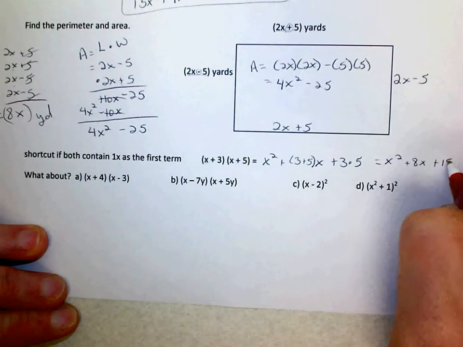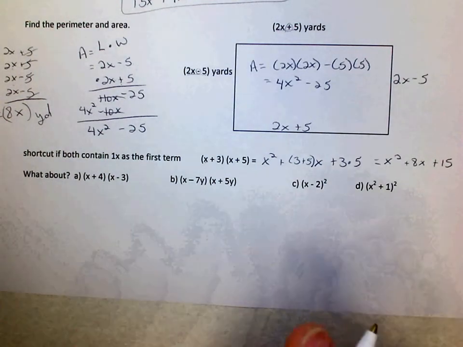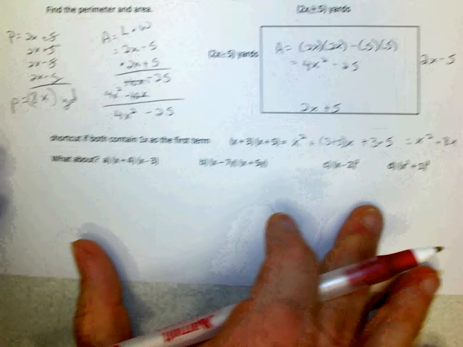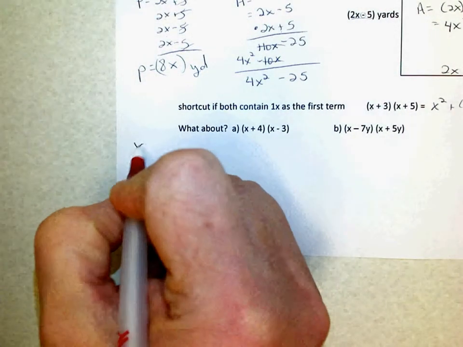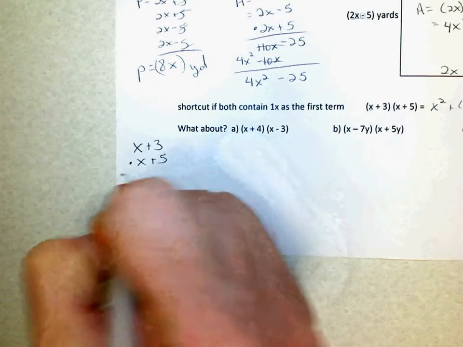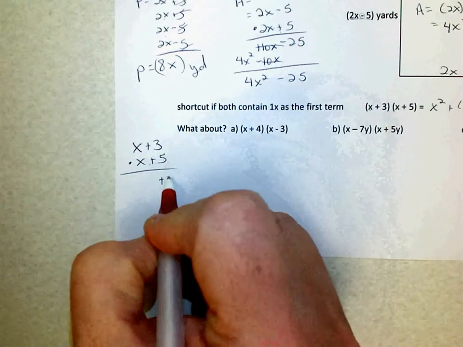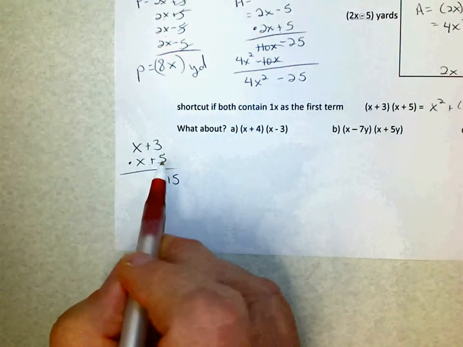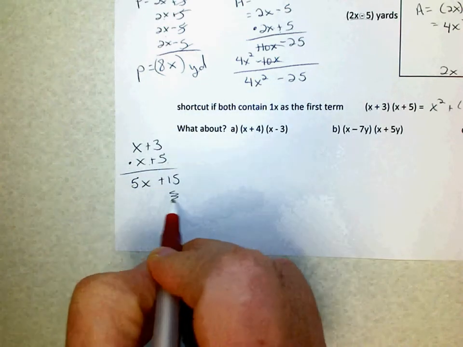Now, in just a second, I'm going to prove to you that that is correct by doing the longhand. So, x plus 3 times x plus 5. Positive 5 times positive 3 is plus 15. 5 times x is 5x. X times 3 is plus 3x.